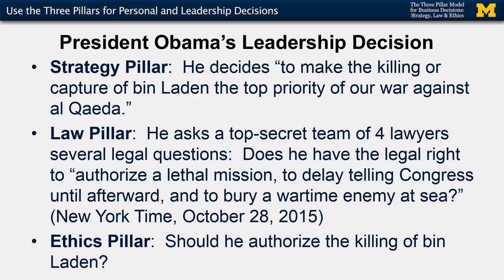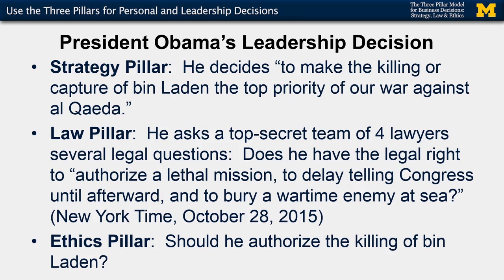Let's now look at President Obama's leadership decision. His strategy: he decides to make the killing or capture of bin Laden the top priority of our war against al-Qaeda. The law pillar. As a lawyer, he realizes there are a number of legal questions, but even if he wasn't a lawyer, he would probably raise these questions anyway. And so he asks a top secret team of 4 lawyers several legal questions.